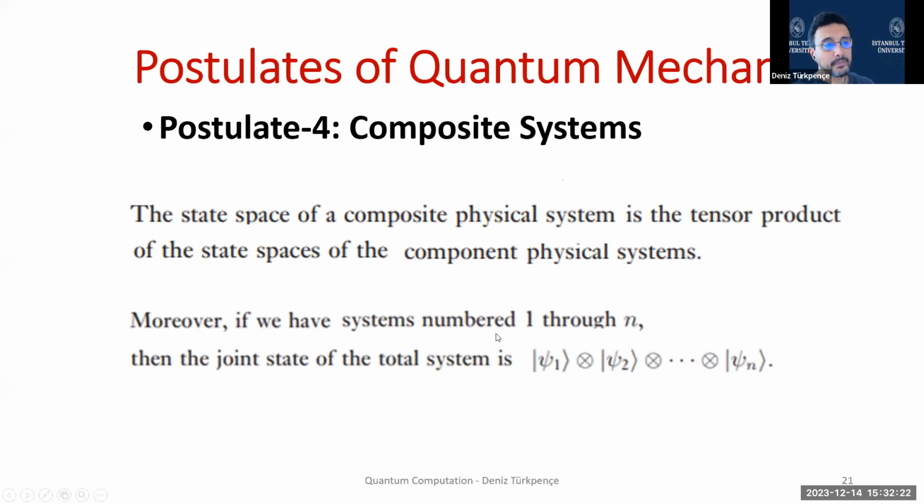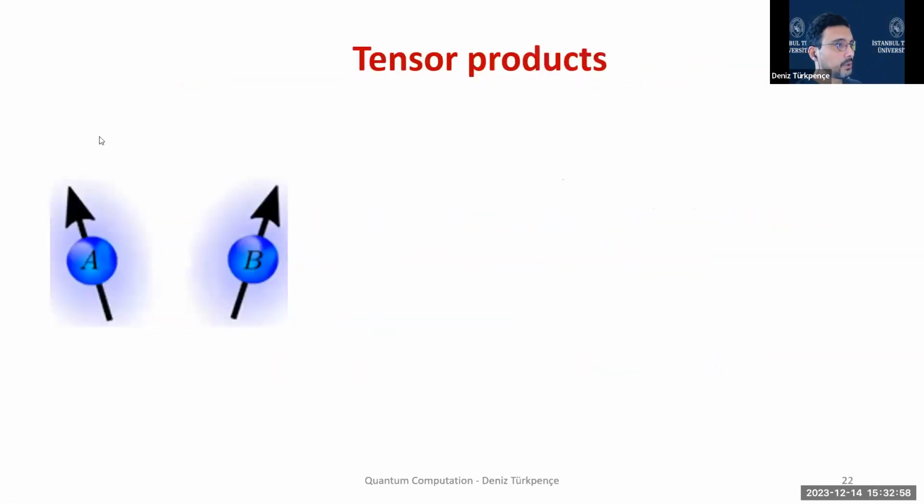Moreover, if we have systems numbered from 1 through n, the joint state of the total system is represented by the tensor product of each individual state, from psi 1 to psi n. Here, this multiplication symbol with a circle is not a normal matrix multiplication or operator multiplication. It is called a tensor product or direct product.